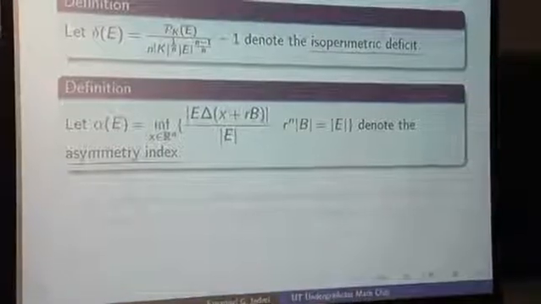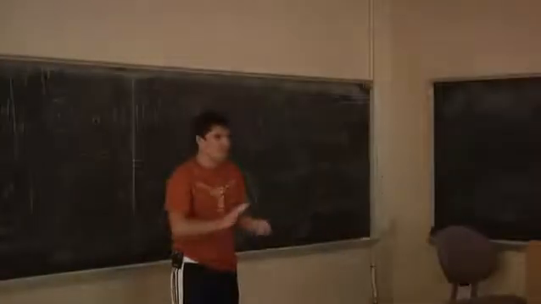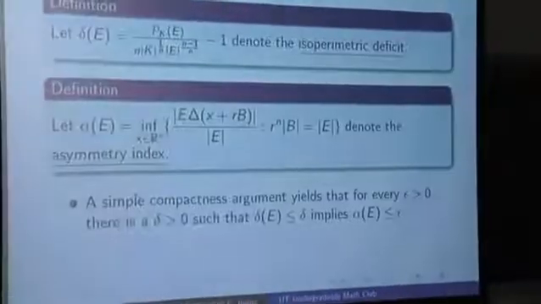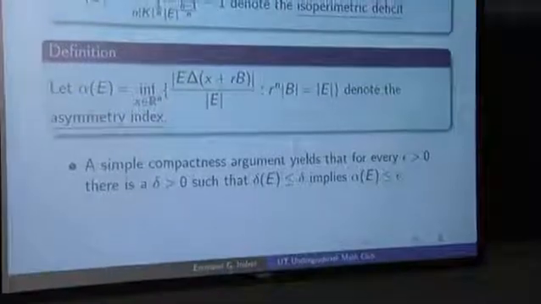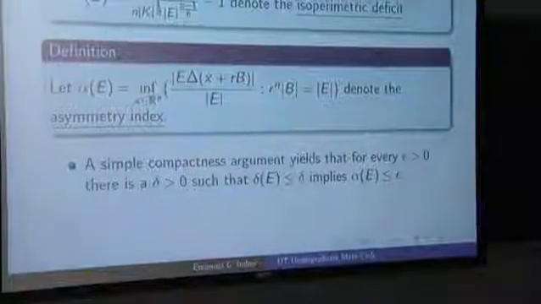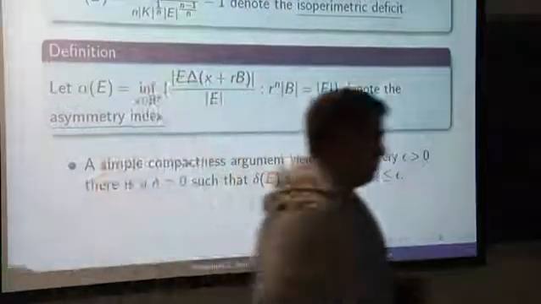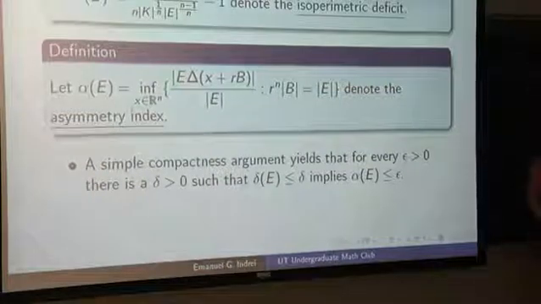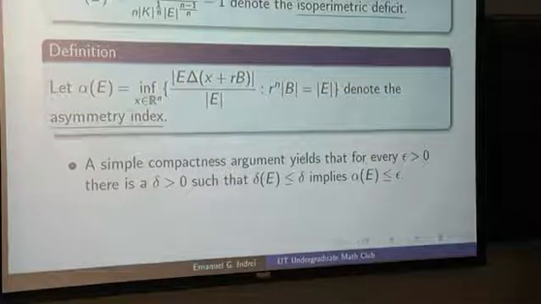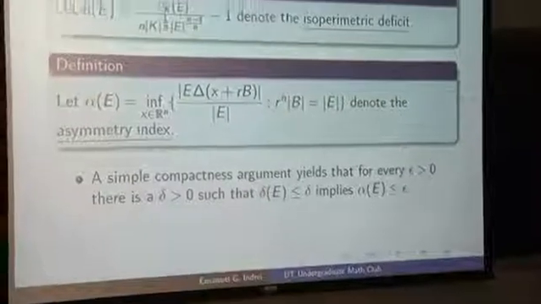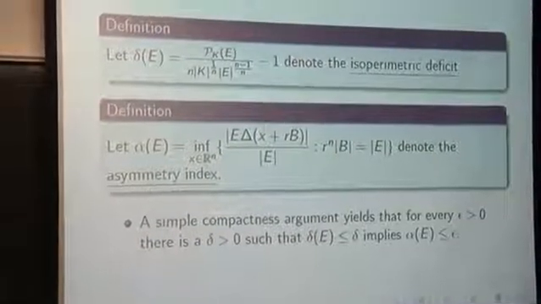But if that's the case, physically you shouldn't be too far away from being the ball, right? So you can do a compactness argument, which is not too difficult, to prove this continuity. I.e., as delta goes to 0, alpha E goes to 0. So if you're getting better and better in terms of optimal perimeter, you're actually converging to the ball.